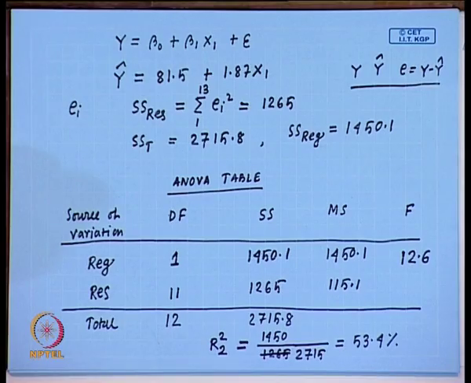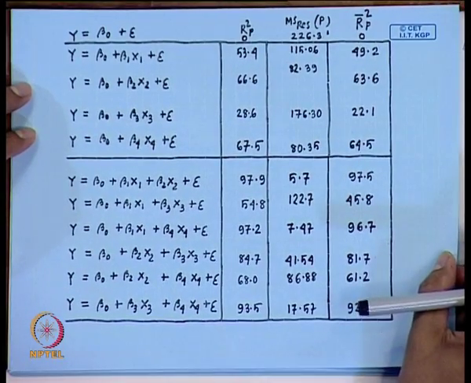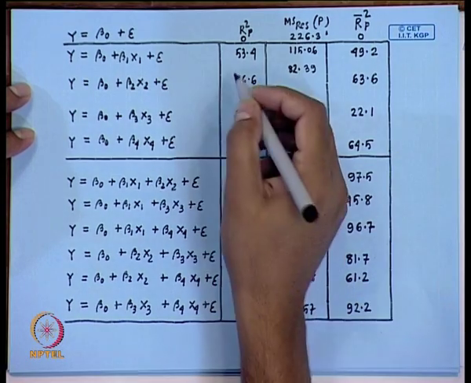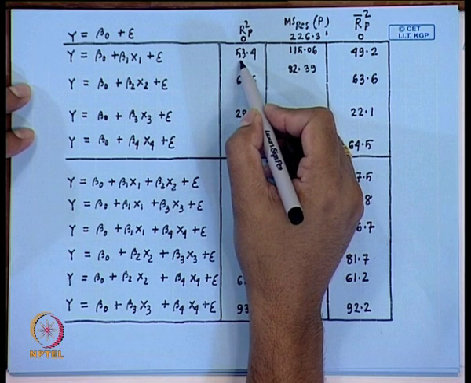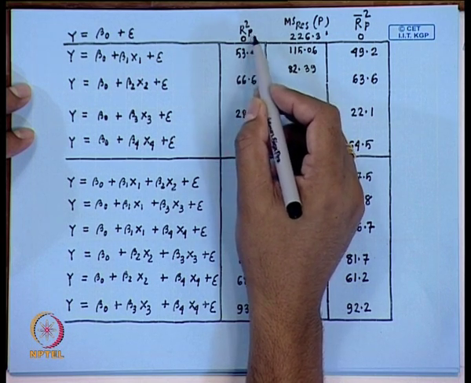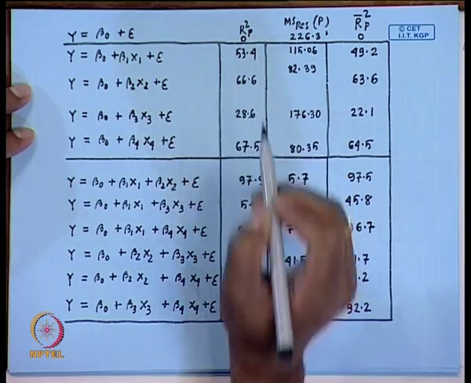Well, so what I want to say now, look at this table here. We have computed the coefficient of multiple determination for this model, that is 53.4.